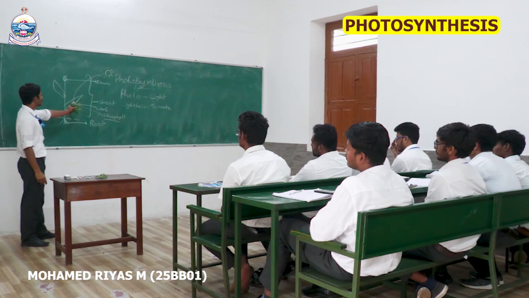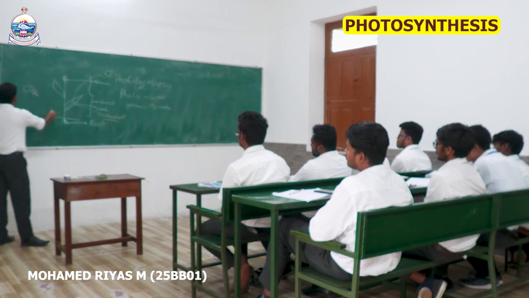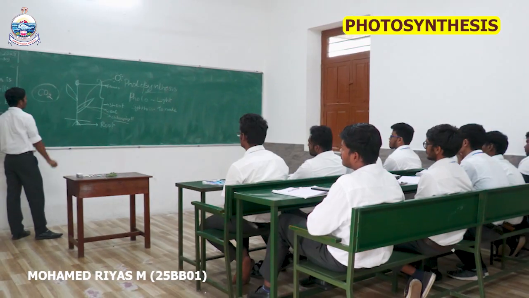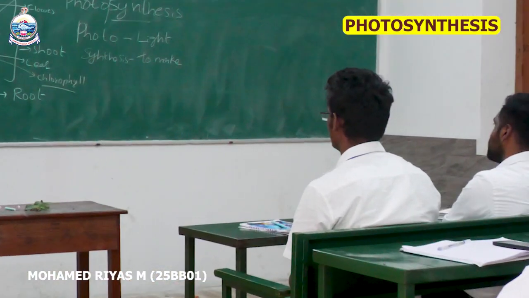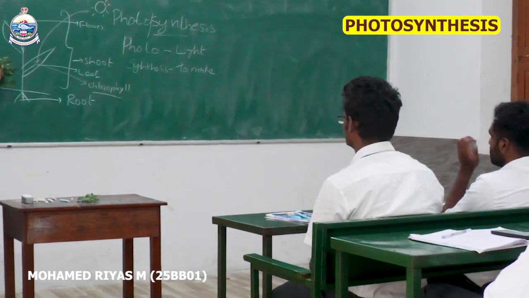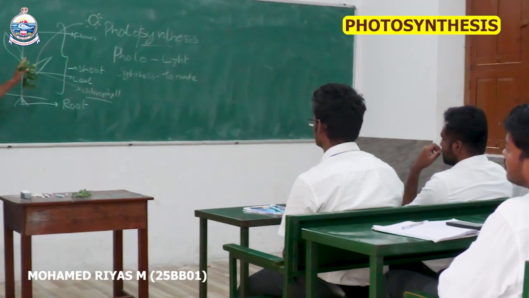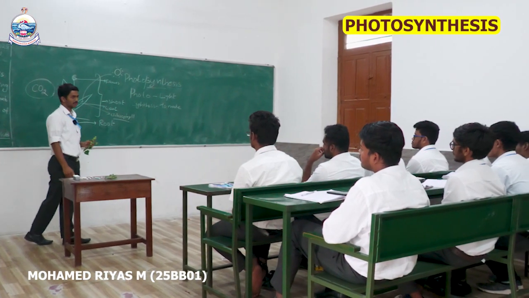Chlorophyll has the capacity to absorb the sunlight from the sun, and through the environment it absorbs carbon dioxide. So it gets water, sunlight and carbon dioxide. Through the combining of these materials, it processes photosynthesis and makes glucose. Okay, clear?